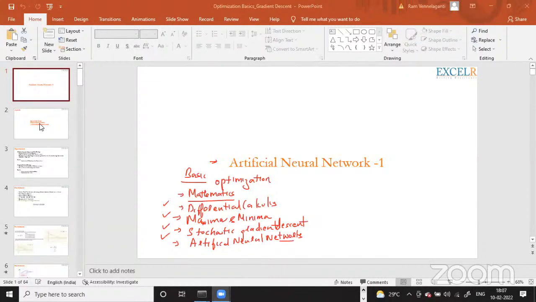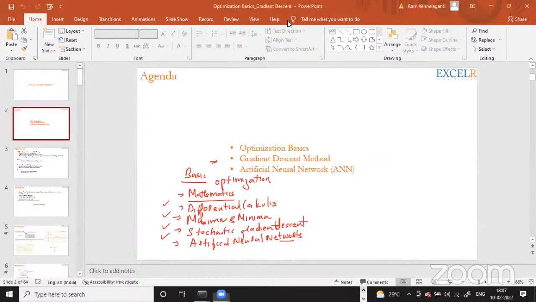So now, the most important topics we have to focus on are optimization basics, our gradient descent method, and artificial neural network. In artificial neural network, we'll be talking about feed-forward neural networks, multi-perceptron models, or we should call them multi-layer perceptron models.